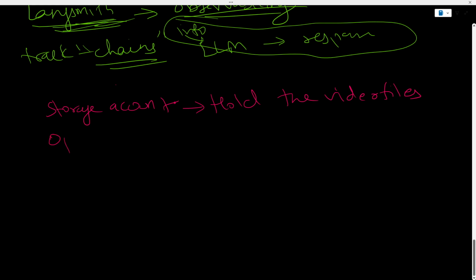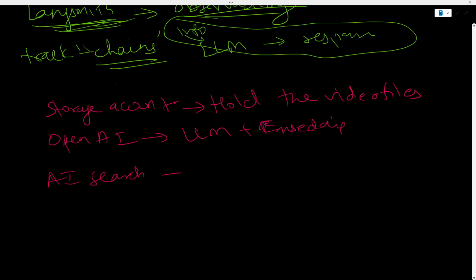Then I'm going to use Azure OpenAI, which is the LLM plus embeddings, typically used for thinking and reasoning, right? And then I'm going to use Azure AI Search. It is basically going to remember the PDF data. It is going to vectorize, it is going to do all of that.